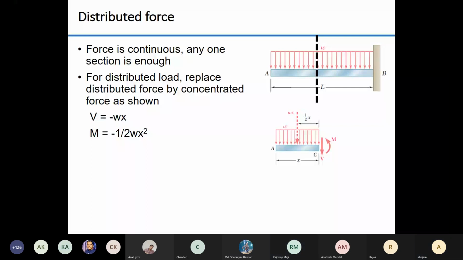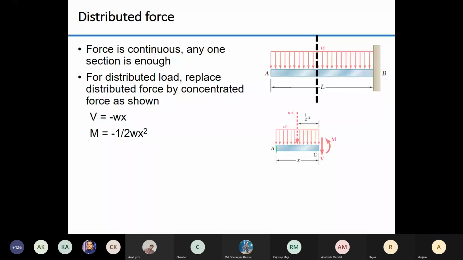Like in my previous slide, I said that we are making a section as soon as there is a load discontinuity. Now, if there is a distributed load like shown in this figure, then you might say that I have to make an infinite number of cuts, because every point is actually now a discontinuity because load is being applied continuously, or on the other extreme, there is no load discontinuity.